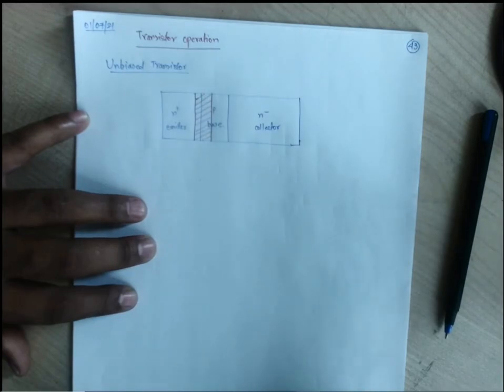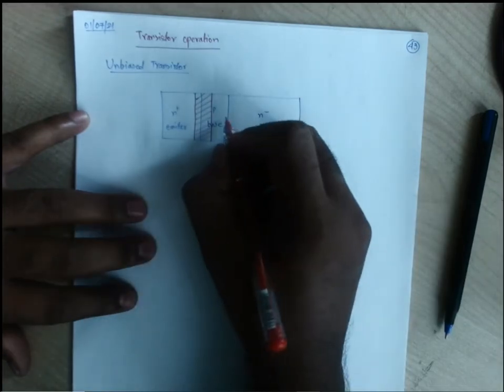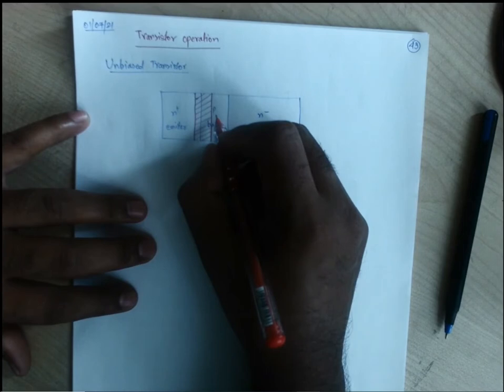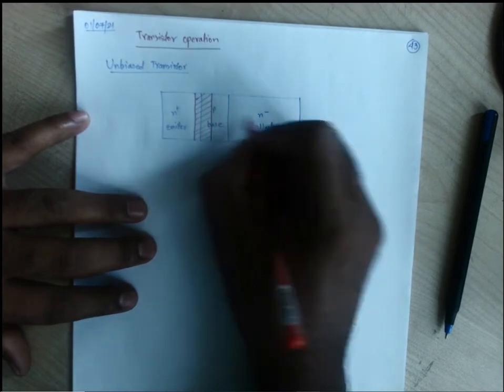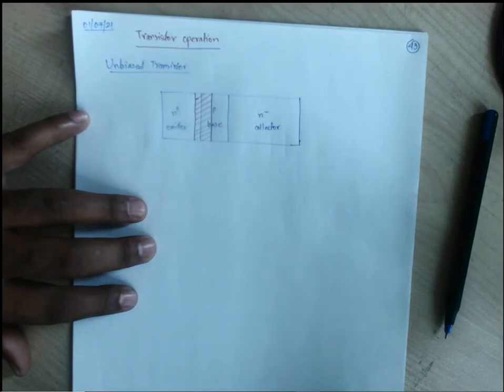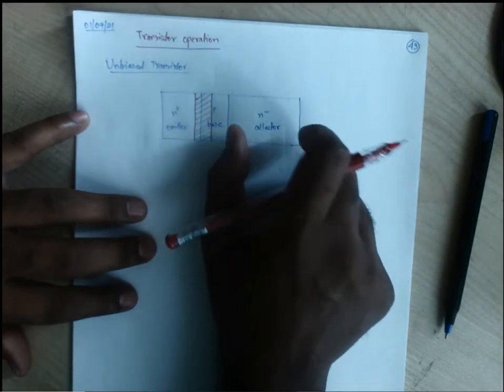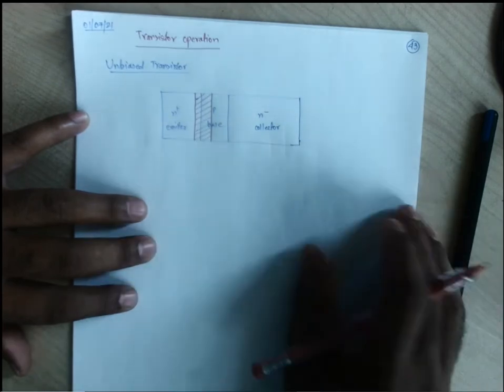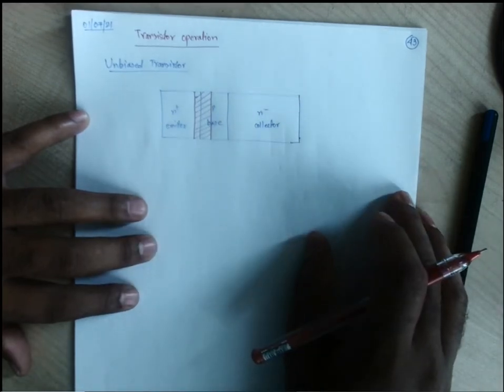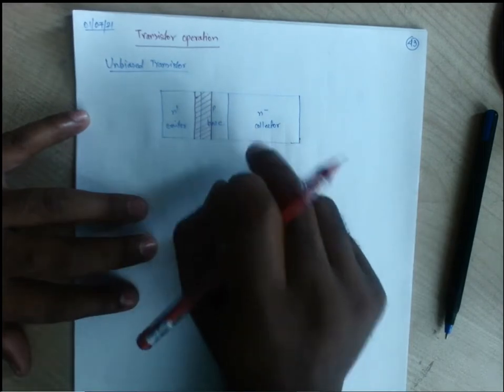Okay, so in the same way, now P is moderately doped, and N has doping which is quite lesser than the emitter. But here the collector width is quite higher, so the concentration gradient will be less in this region.